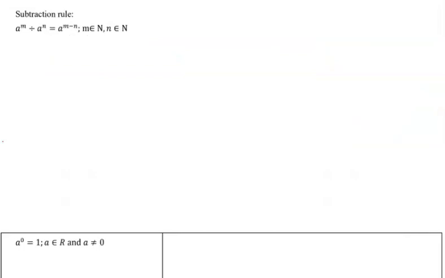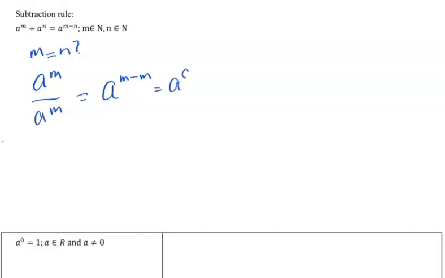What happens if m is equal to n? If we look at the rule, we subtract the two numbers if we divide. So if I then have a to the m divided by a to the m, we know we will get, by the rule, a to the m minus m, which is a to the 0.